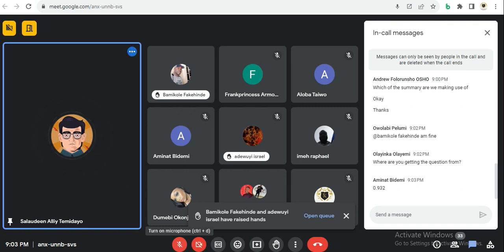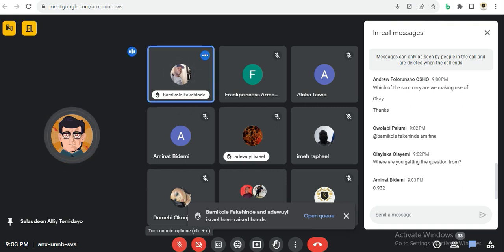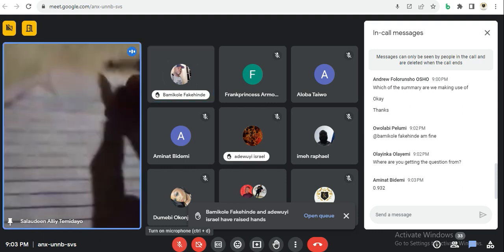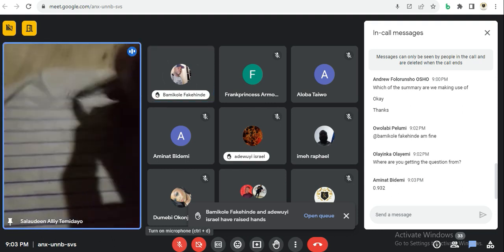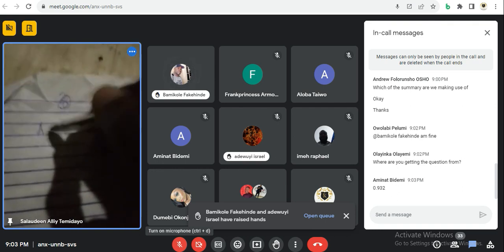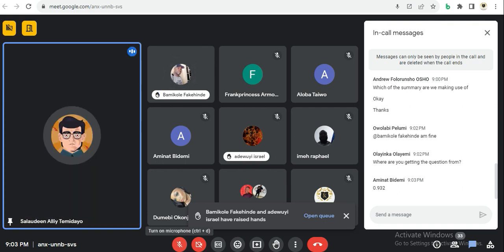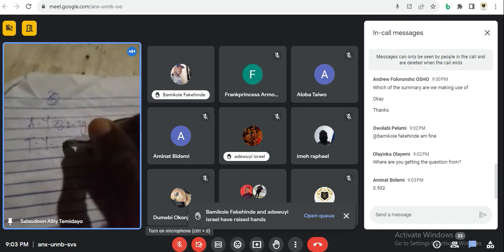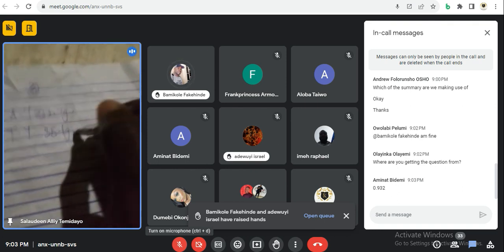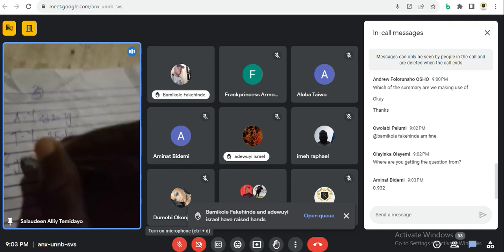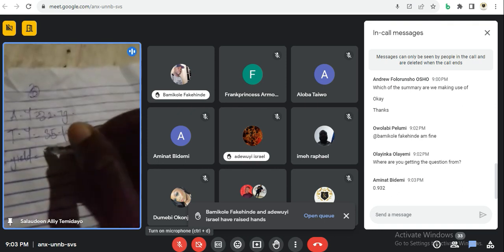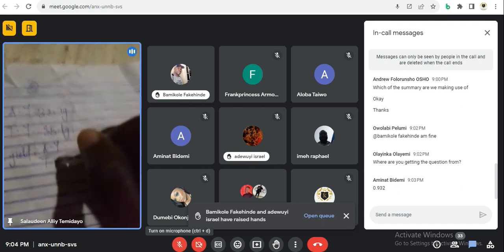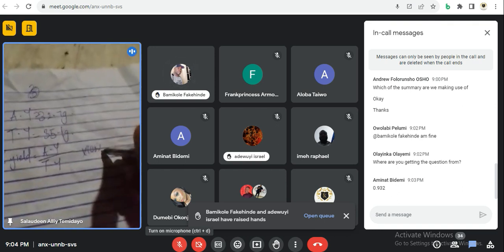Let me write it out. The actual yield is 32.7 grams, and the theoretical yield is 35.1 grams. So percentage yield means actual yield over theoretical yield multiplied by 100.